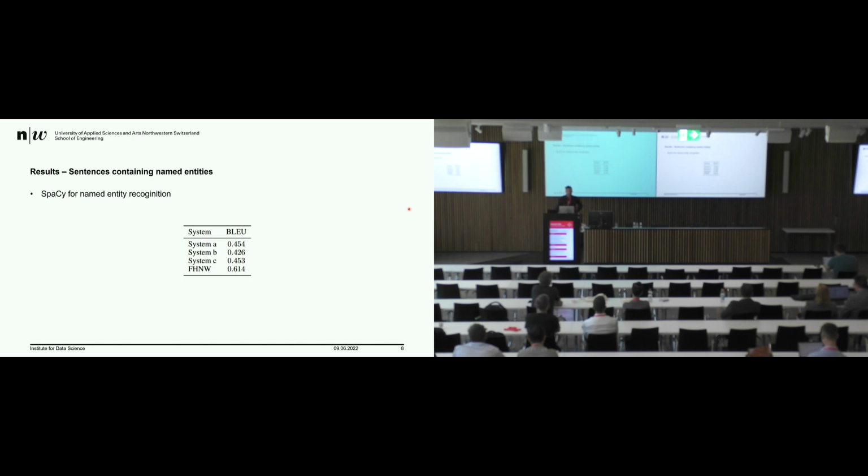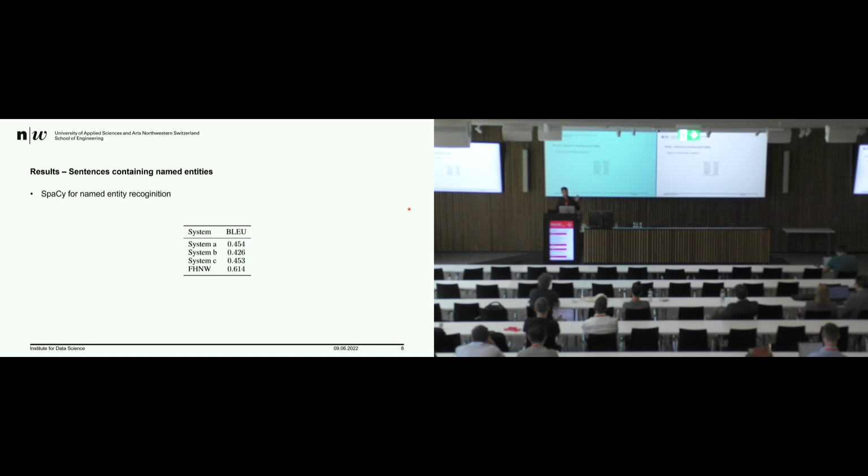We also performed another evaluation where we searched for sentences containing named entities. So we used Spacy to detect named entities. For those who don't know what named entities are, for example, names, or it could also be company names, it could be places like Basel or Zürich. It could also be numbers, depending on the named entity recognition system.